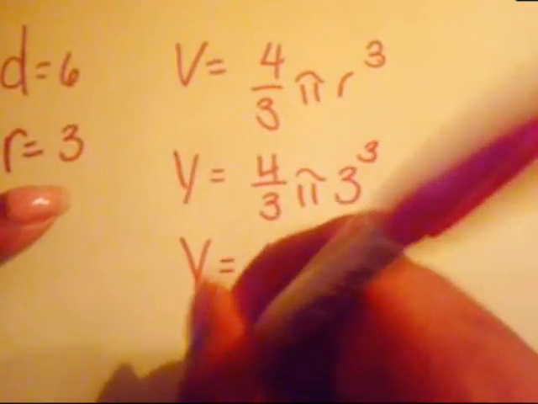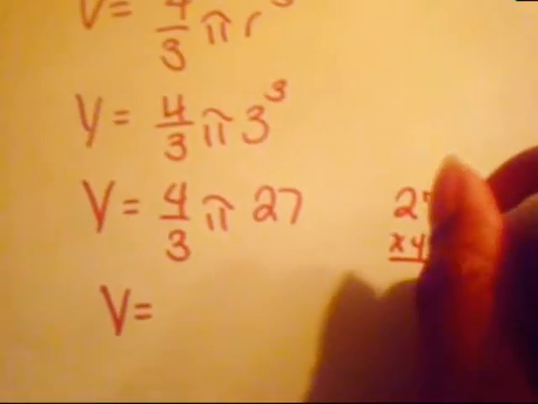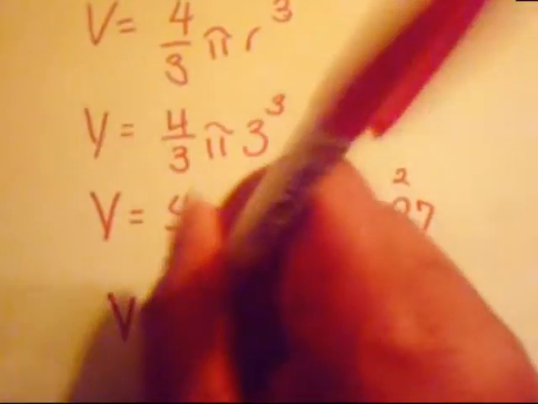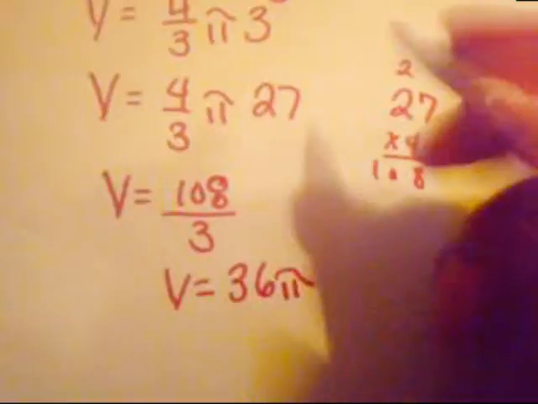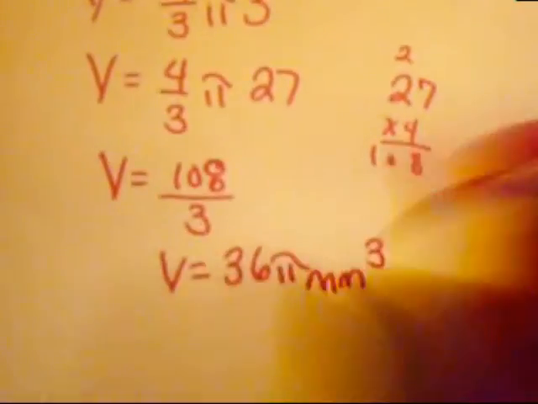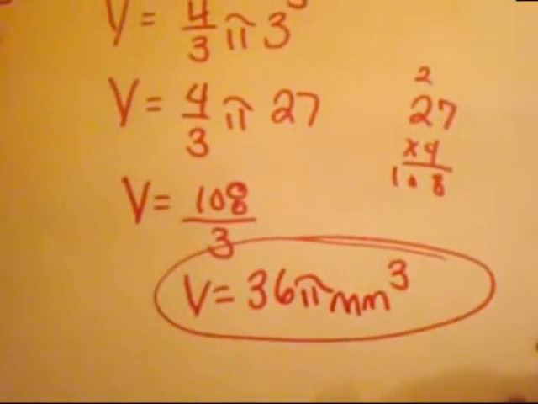Then V equals 27 times 4, which would be... no, I'm sorry, 108. And then 108 divided by 3 would be 36. You'll keep pi. Remember, you always use your unit of measurement, which would be millimeters, and your answer is always raised to the 3rd power. So for number 1, it should have been 36 pi millimeters cubed.